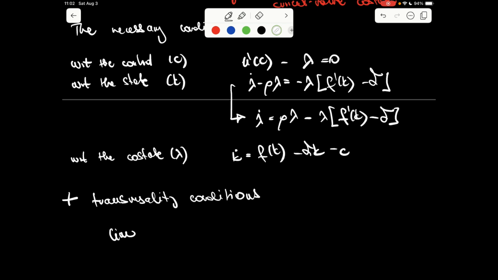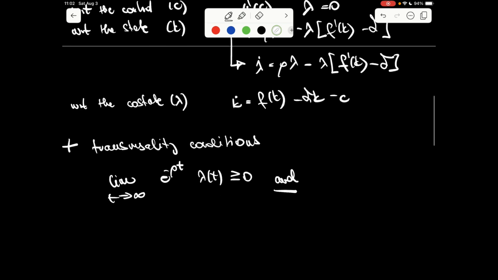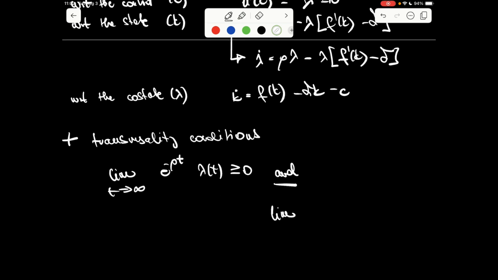If time approaches infinity, this must be true, and this must be true.